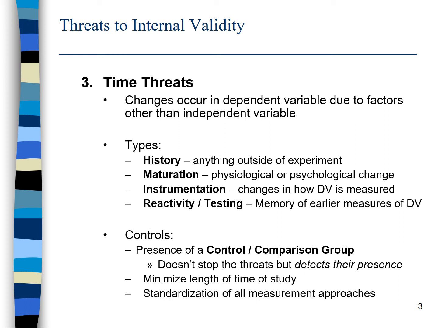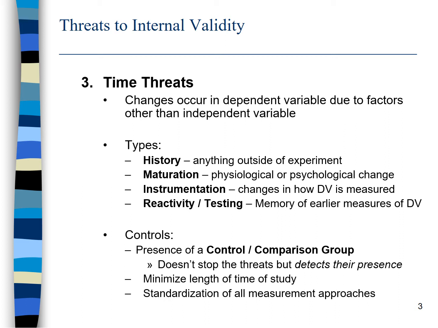Another thing we have to think about is instrumentation and then reactivity and testing. These last two types go hand in hand together. A term you're going to hear throughout here, a way to control for a lot of threats, is standardization, right?